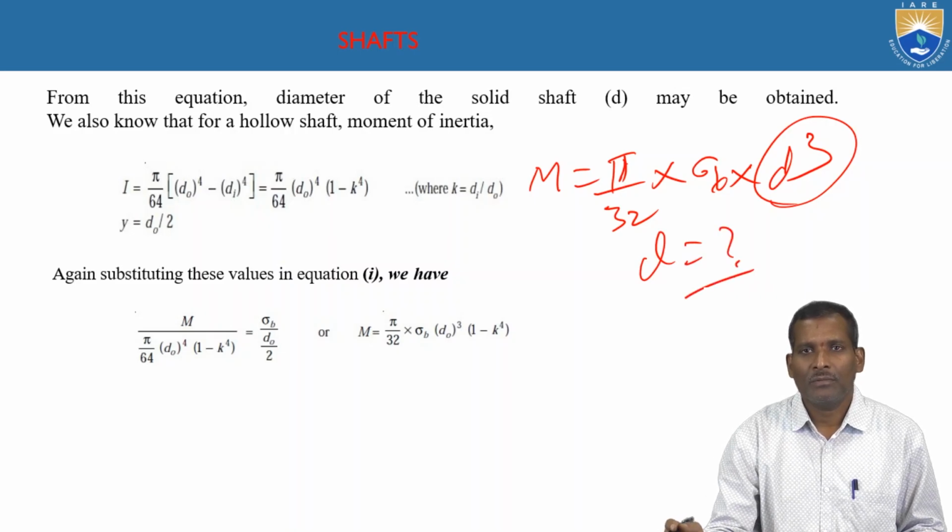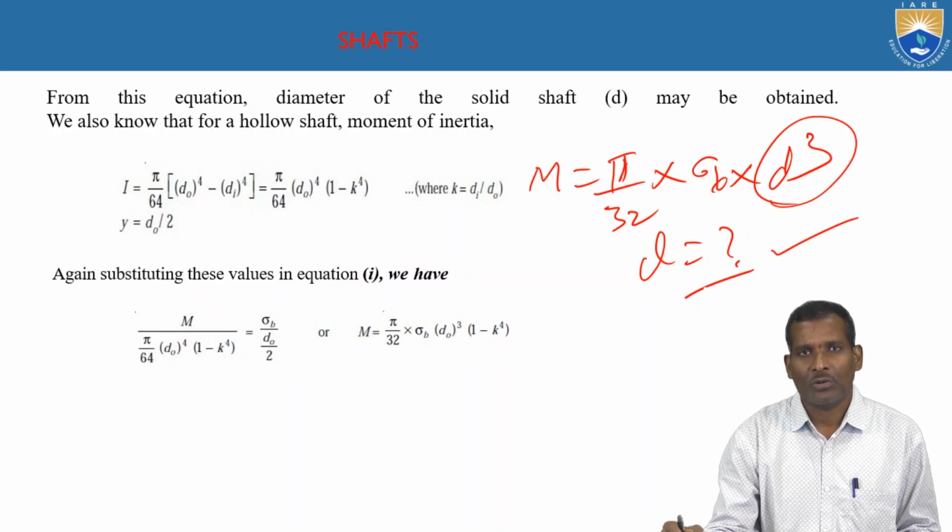In a design problem, they will ask to design a shaft, which means we have to find out the diameter when the shaft is subjected to bending moment. This one is for a solid shaft.